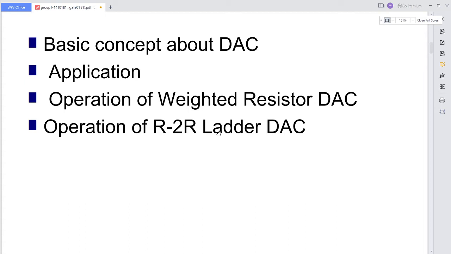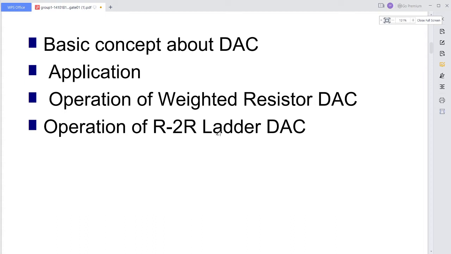Now I'm going to talk about the first one, the operation of the weighted resistor digital to analog converter. As I said in the previous class, it is one of the important questions frequently asked in the university examination.